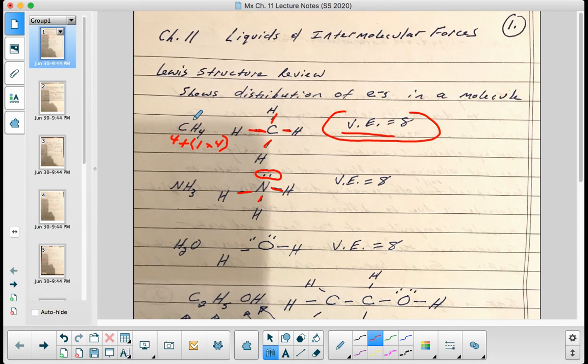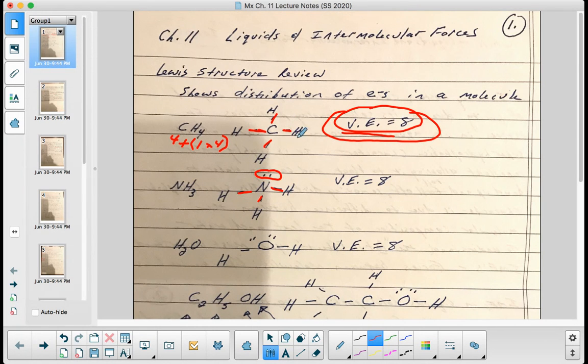If I had something like methane, the first thing I would do is count my valence electrons. Carbon has 4 valence electrons. Each hydrogen has 1, so 1 times 4 gives me 4 more, for a total of 8 valence electrons. Then I distribute those around the molecule. Each dash represents 2, so 2, 4, 6, 8.